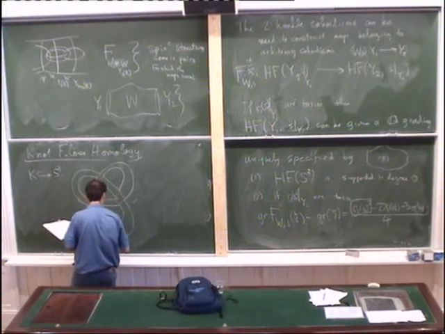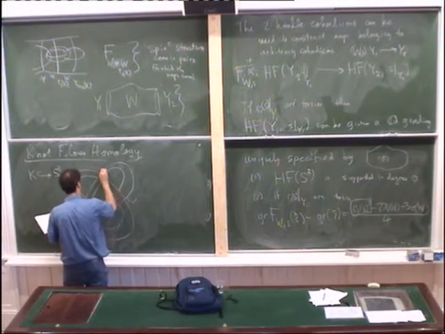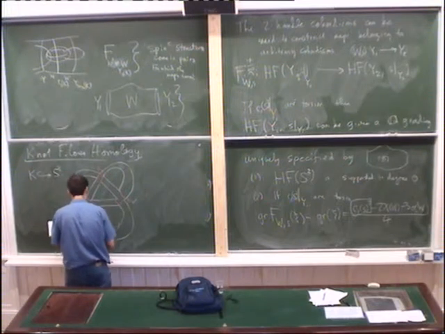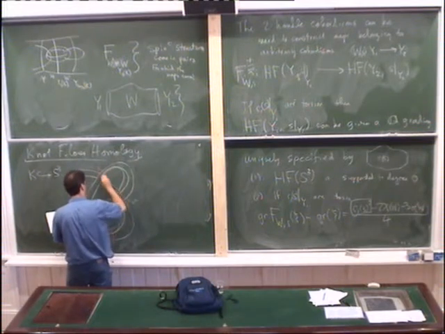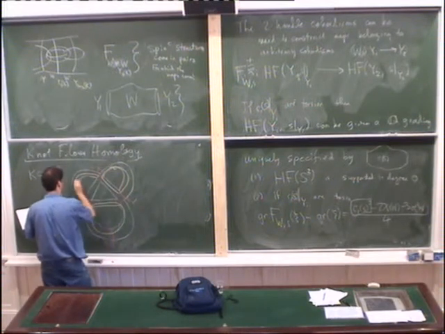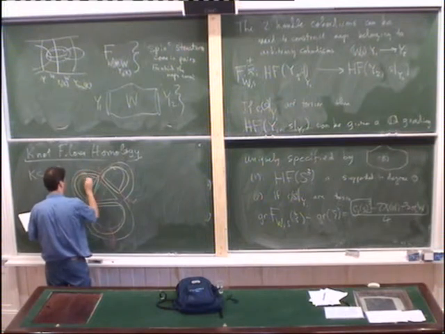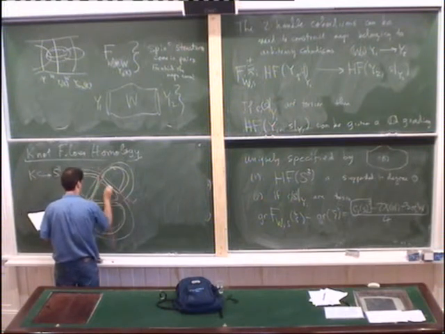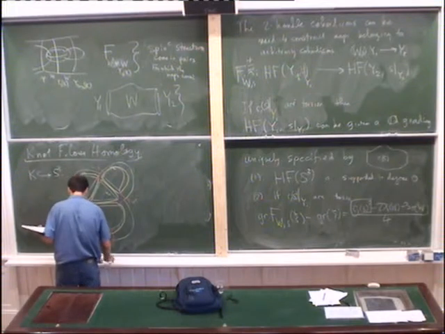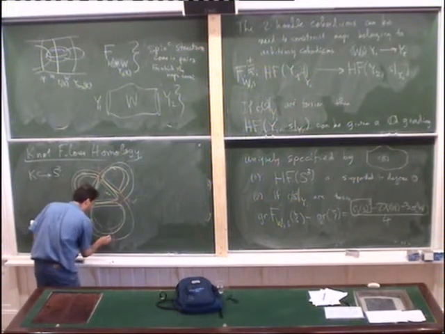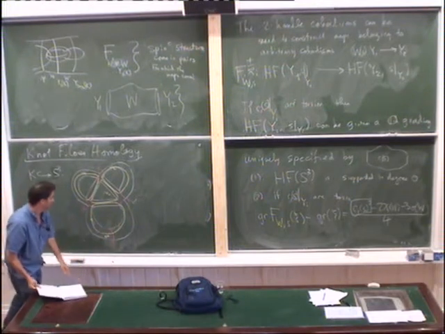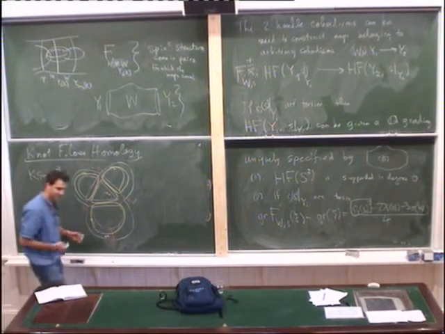So let's call this beta 1, beta 2, beta 3, beta 4. Let's call this alpha 1, alpha 2, alpha 3, alpha 4. And I'm going to call the base point now W rather than Z. So here's a Heegaard diagram for S3.